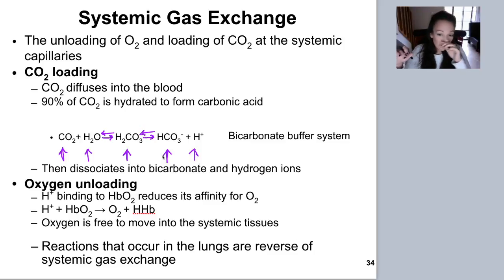Okay. So this reaction will shift until it finds an equilibrium where there's approximately equal carbon dioxide concentration to water concentration to carbonic acid concentration to bicarbonate concentration to hydrogen concentration. So this reaction will shift back and forth. It will move in one direction, then it'll move in the other direction, until the concentrations of those different substituents that we see there are approximately equal.